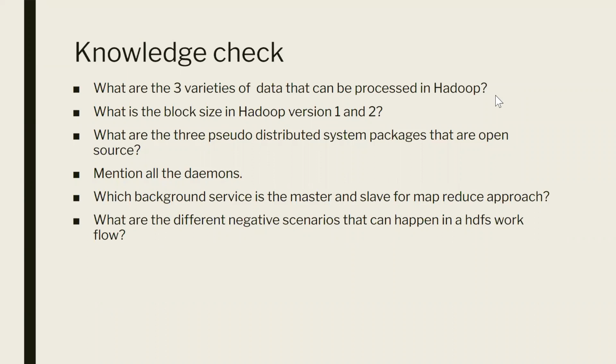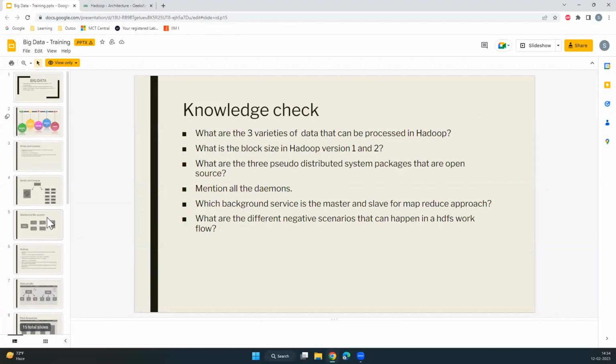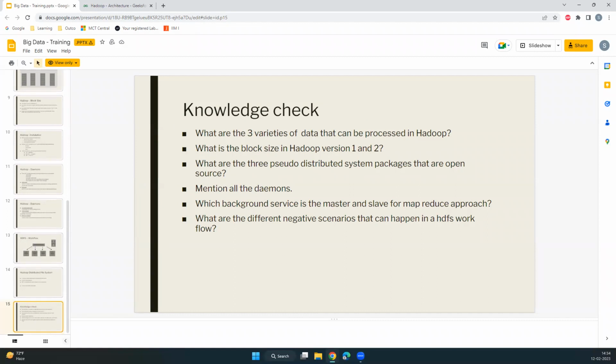But I was talking about block size. If I make the block size 4 MB, is it a negative scenario or a positive scenario? Negative. It's too small. Good. Perfect. So I think we all are on the same page, and this is the end of this slide. Anyone has any question with respect to these topics?